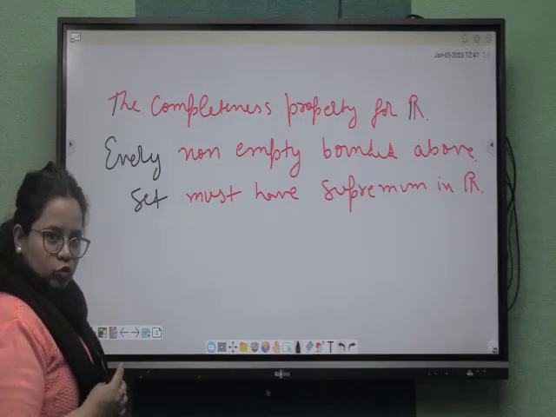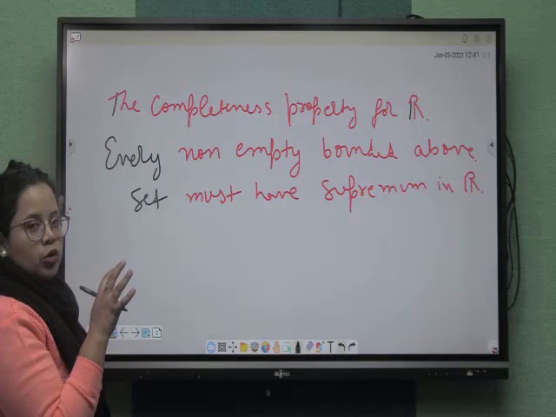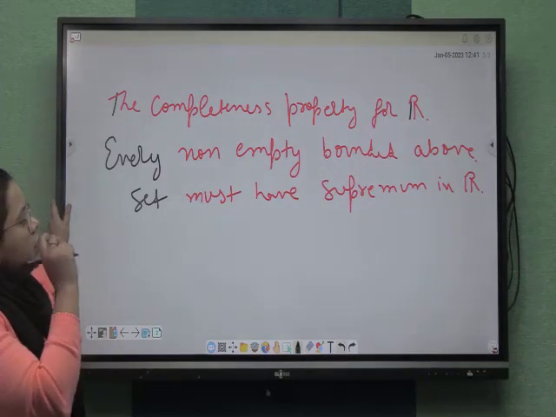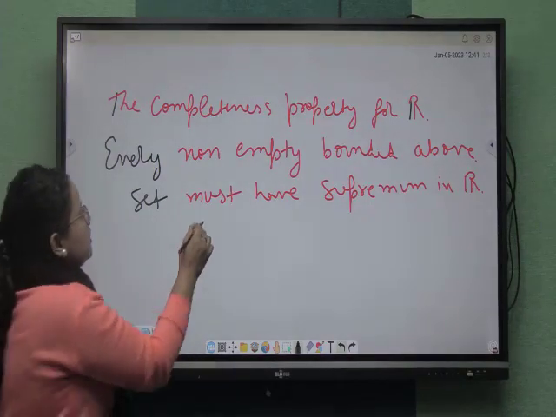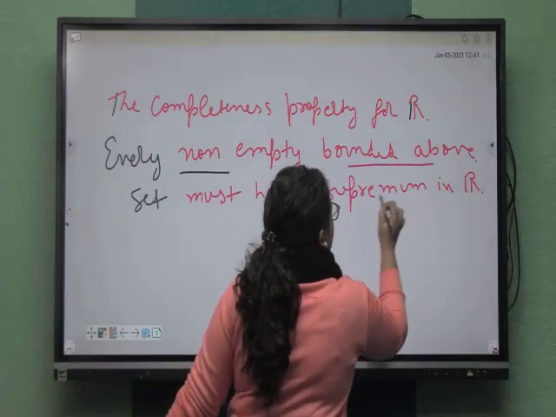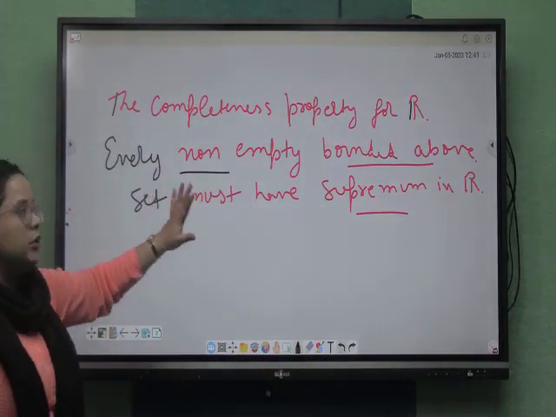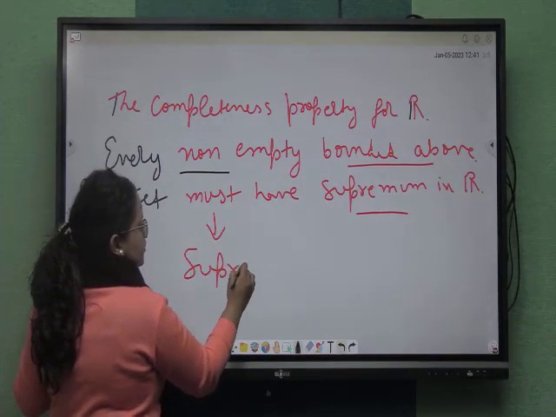So we need a formal proof for that, which we are not going to do. We are just going to use the statement that every non-empty bounded above set must have a supremum in R, and the same result can be framed for the infimum property. Anyway, this result is related to the supremum property, so this is also known as the supremum property.